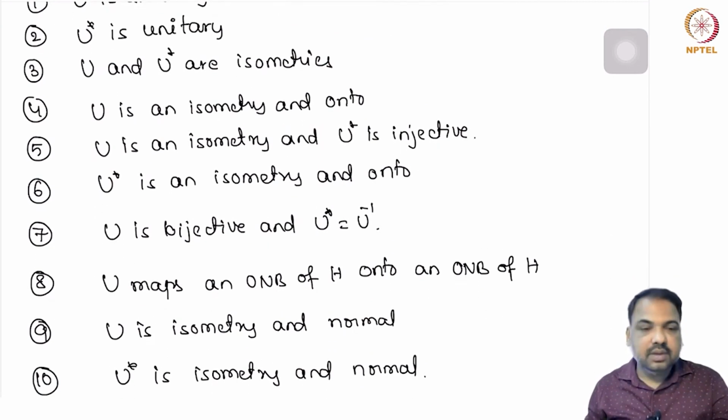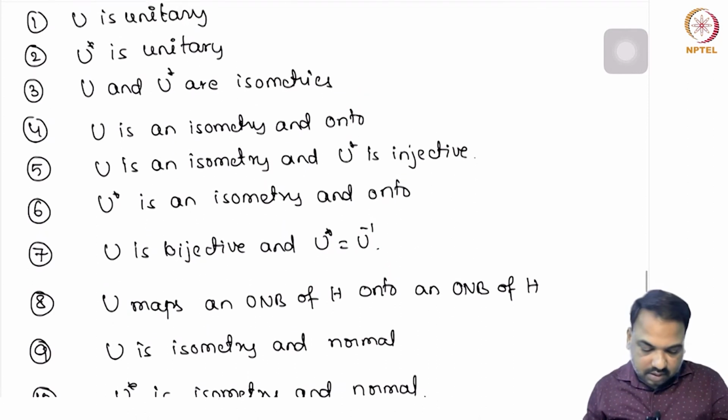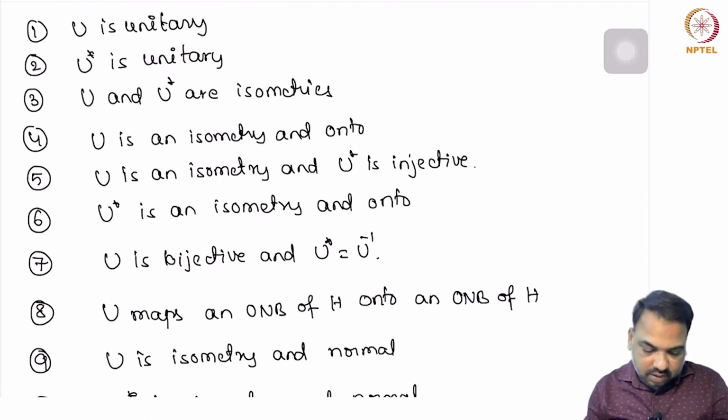And most of the things can be proved by the earlier characterization of isometries. For example, the equivalence of 1 and 2 and of 2 and 3 follow directly from the definition, and 3 and 4 also follow directly from the definition.